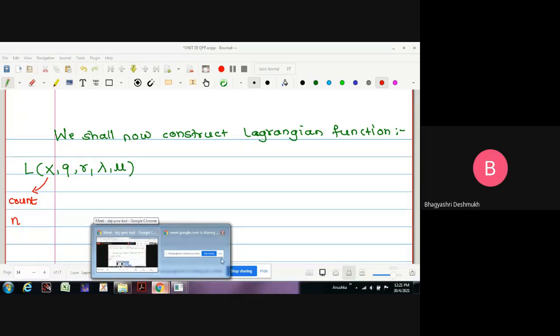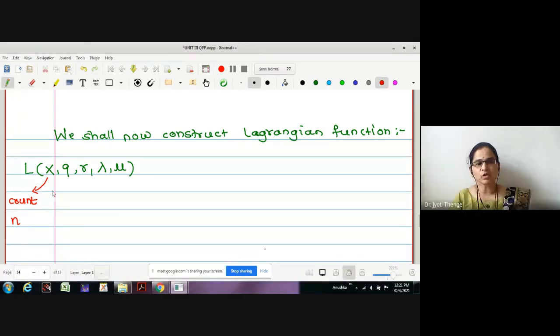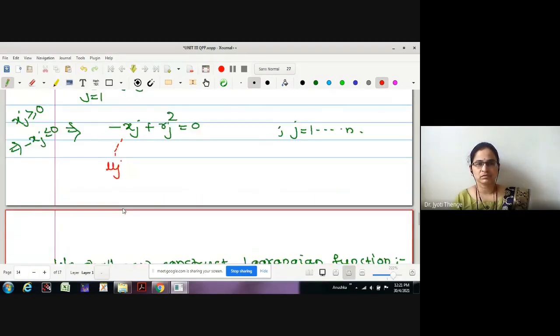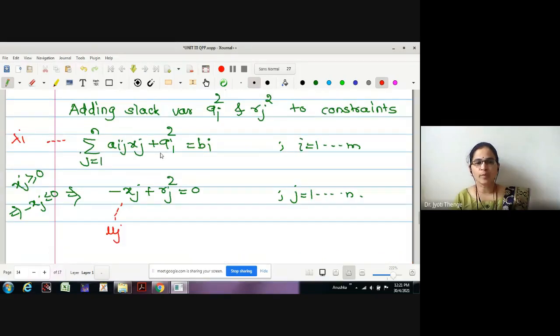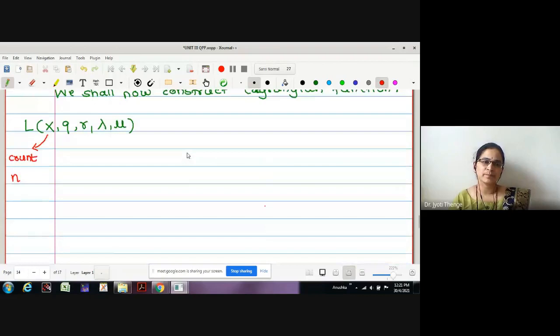Yes, ma'am. How many original variables do we have? n. Correct? How many q were we using? q1 square, q2 square. How many such q? There are m constraints. For every constraint there is one q. Therefore there are m. Correct?